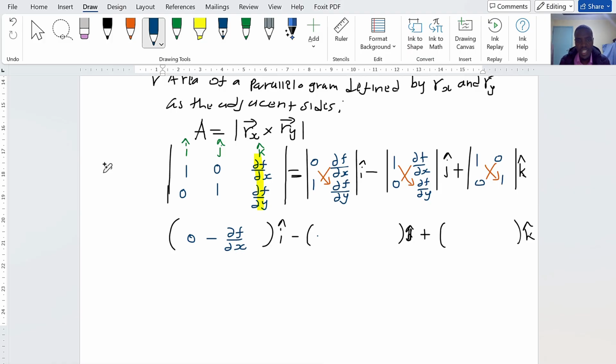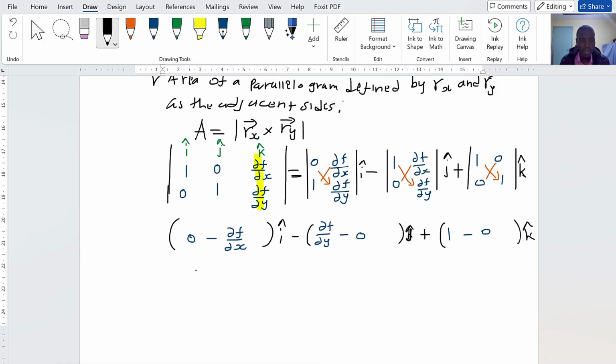Let's see j. On j, we have 1 times df dy, which is simply df dy, minus 0, because df dx times 0 is 0. On the other part, we have 1 times 1 is 1 minus 0.